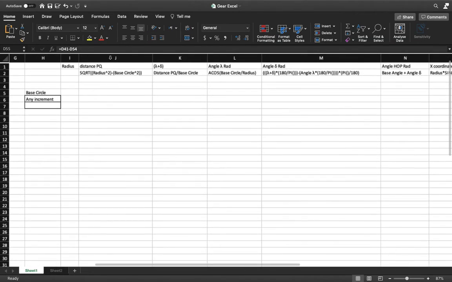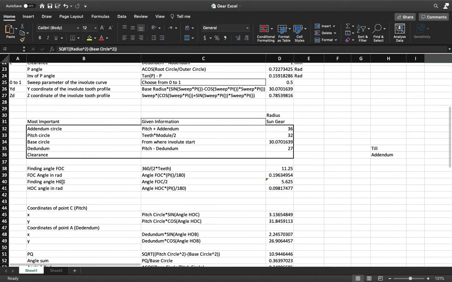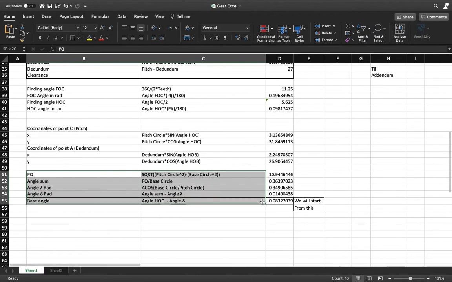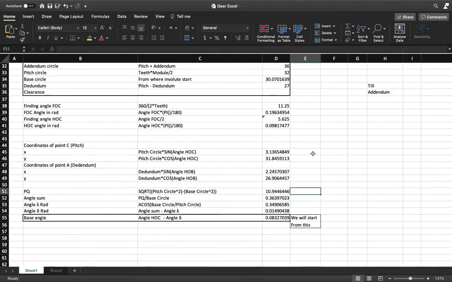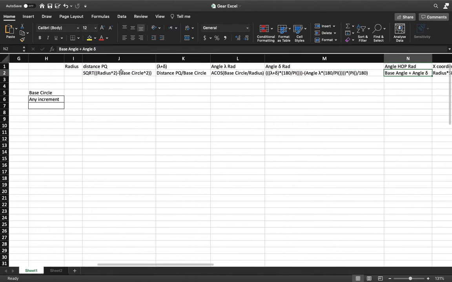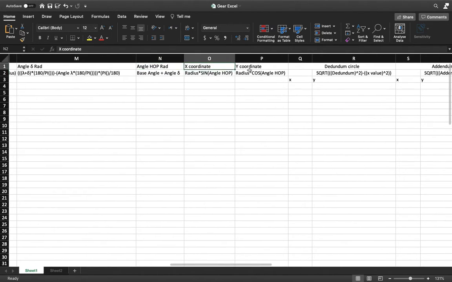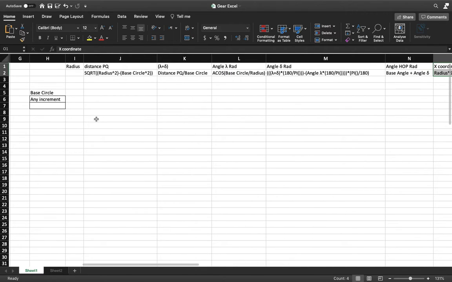I'm going to calculate the distance PQ like this. I did this for the point, and now I'm going to do it for each point on the involute: radius, distance, the angles, and finally this most important angle. Then I will get the coordinates of the involute at first, then I'll explain the rest.